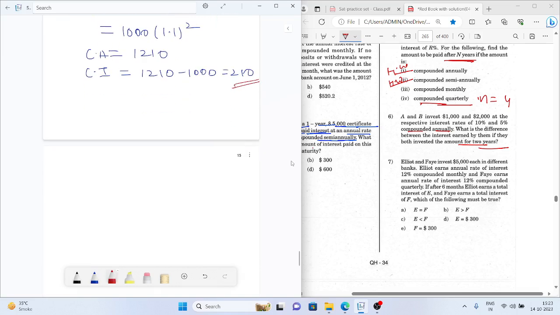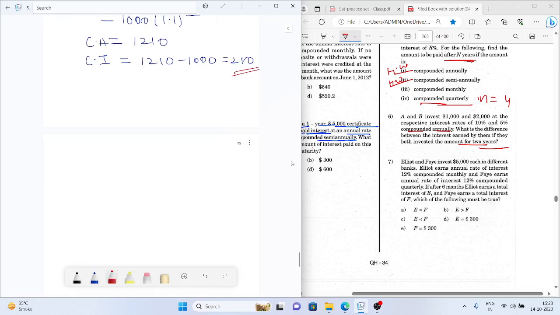Right? For B I calculate from logic. What I mean to say, principal amount for B is 2000, right? Rate of interest for B is 5% annually, N equal to 1, T equal to 2 years. So it is 2000 for the first year.